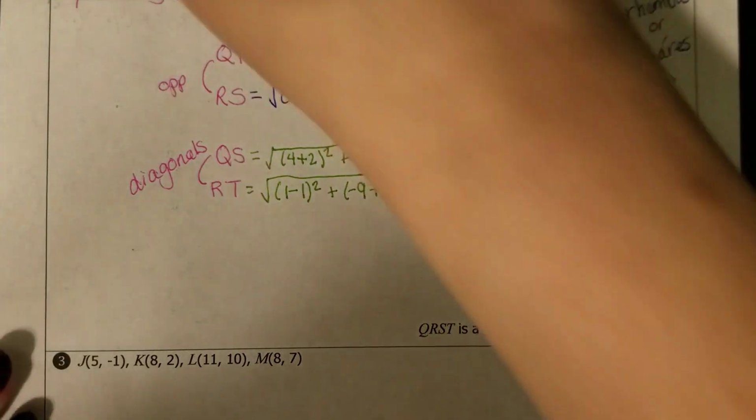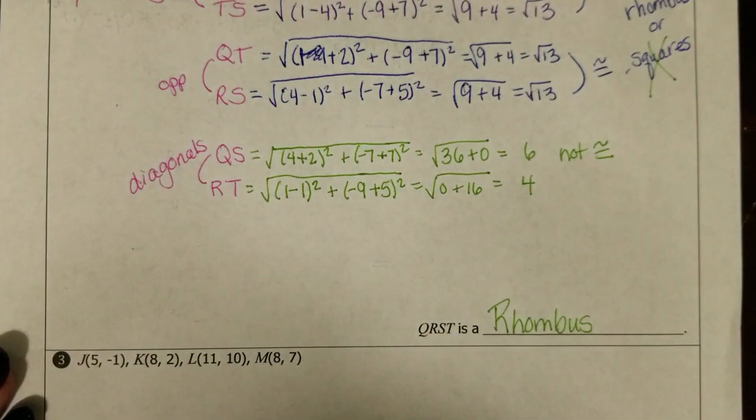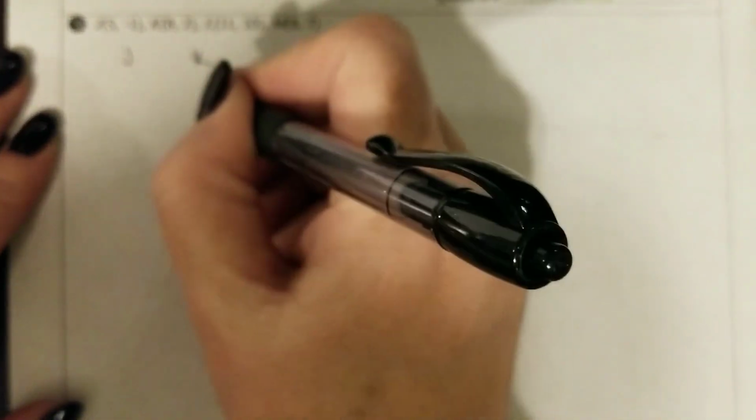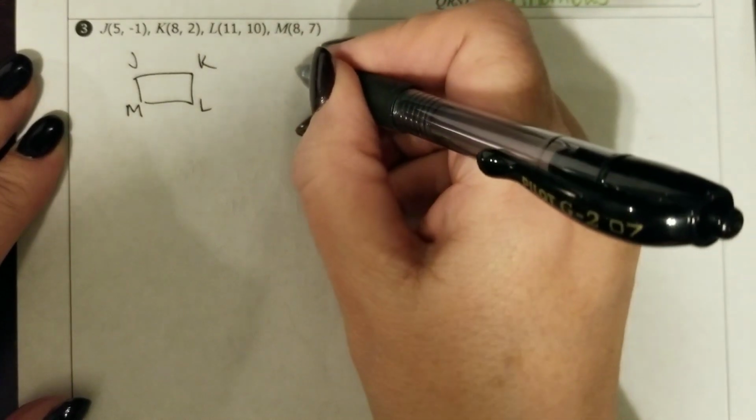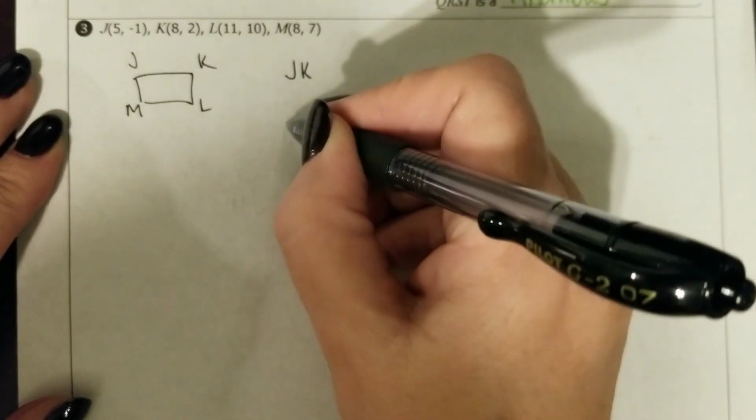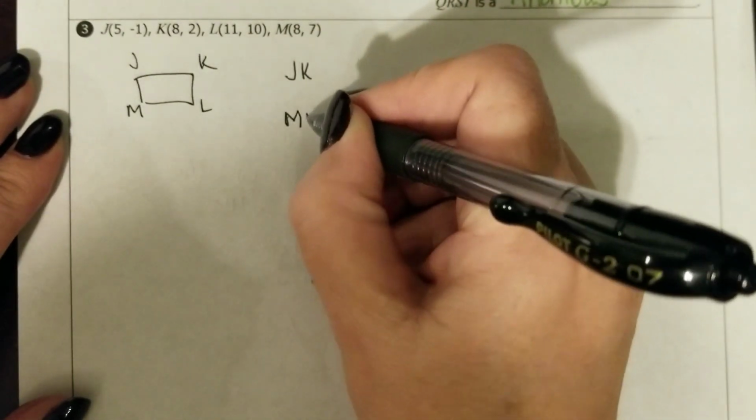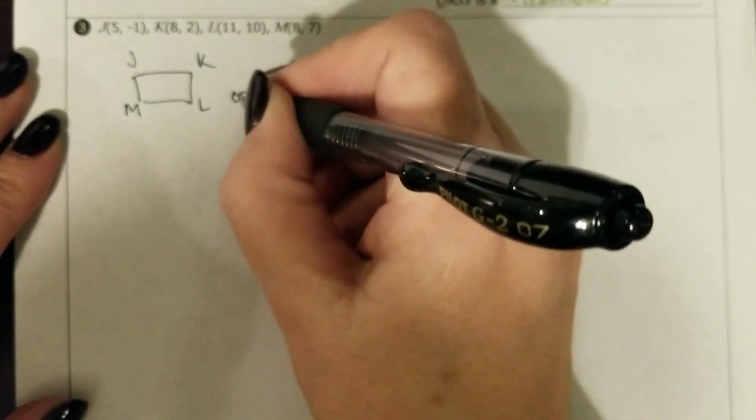Let's try another one here. There we go. So we've got J, K, L, and M. J, K, L, M. So our opposite sides are going to be JK and LM.